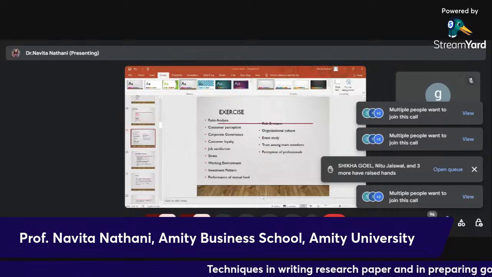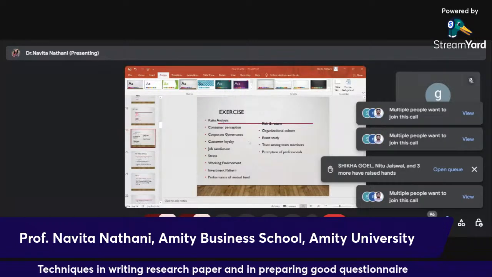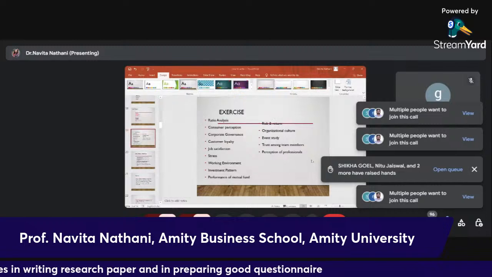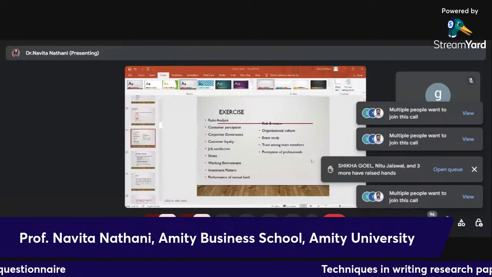Anything else? Any other topic somebody wants to create with the help of these variables which I have given? Aradhna, can you try? Aradhna Bhopte. Yes, ma'am.